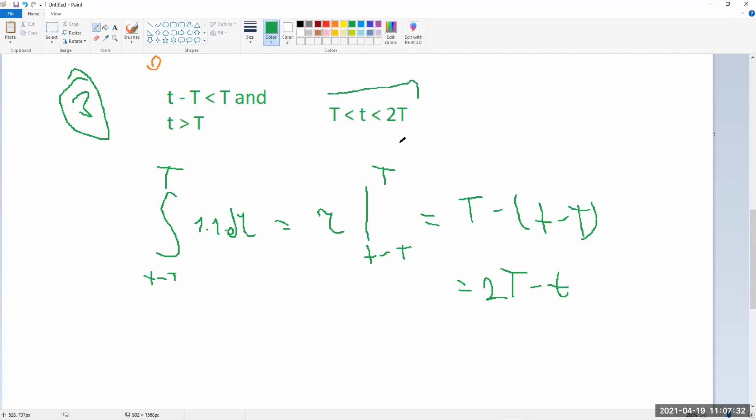And we got this part, we can give equality to that part.